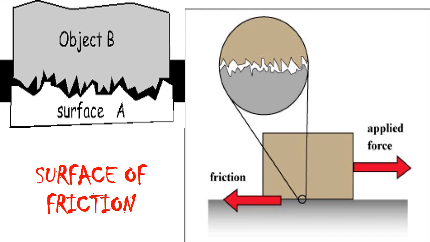Okay, think that you are pushing a book or pushing a cupboard or pushing any other object. Do you think that the frictional force acting in those three situations is the same? Not exactly the same, because the amount of friction depends on the materials from which the two surfaces are made.